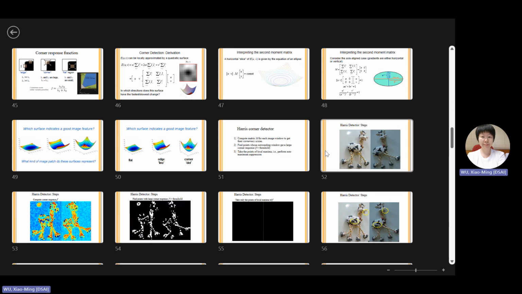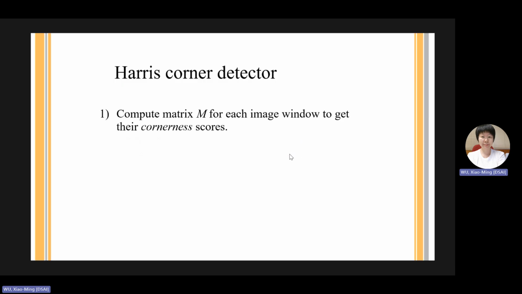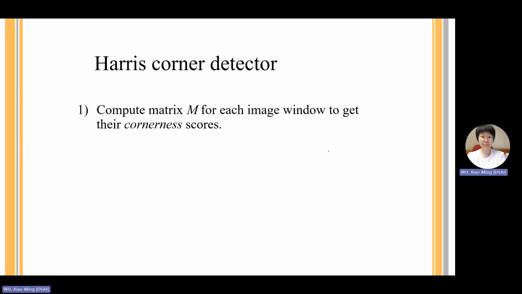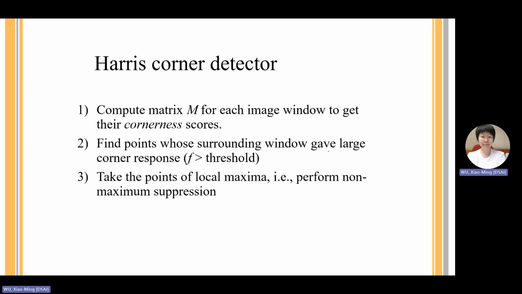Let's skip all the mathematical details and take a look at the Harris corner detection algorithm. We slide a small window across the image, placing it at the position of each pixel.